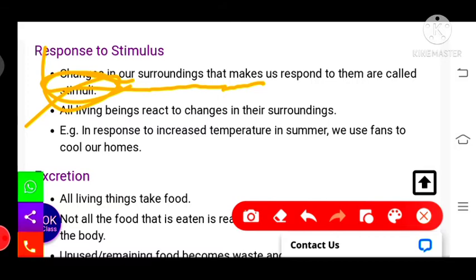That change in the climate makes us respond.